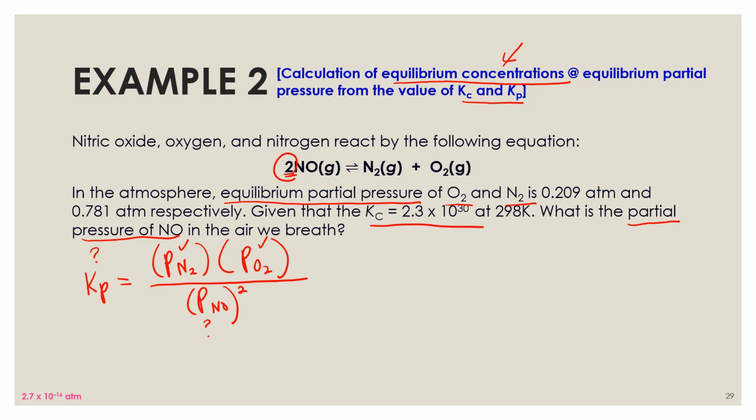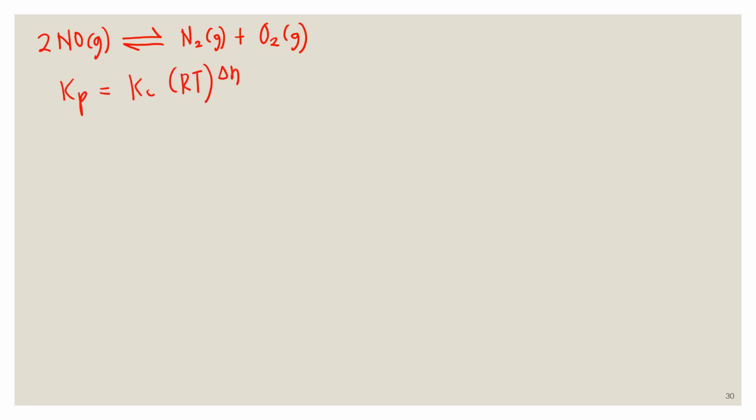So in this case, by having the value of Kc, you will be able to find the value of Kp. But before we find the value of the Kp, you have to check for the value of delta N dahulu.